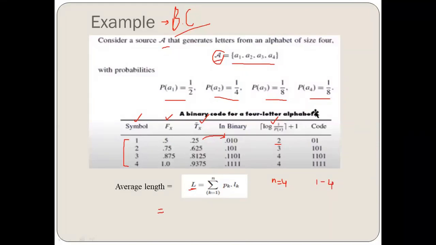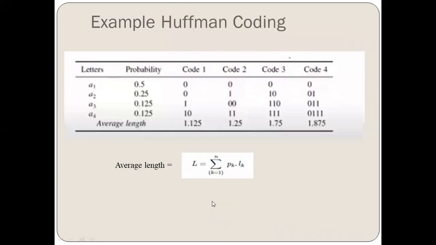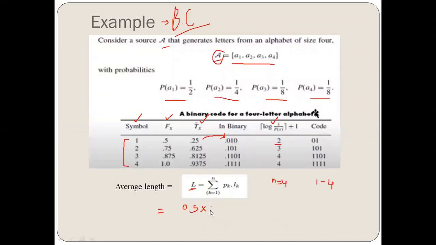So let us calculate this value. First of all, we have symbol 1, that is A1. The probability is 0.5, or you can write it half, multiplied by the length of the code, that is 2.